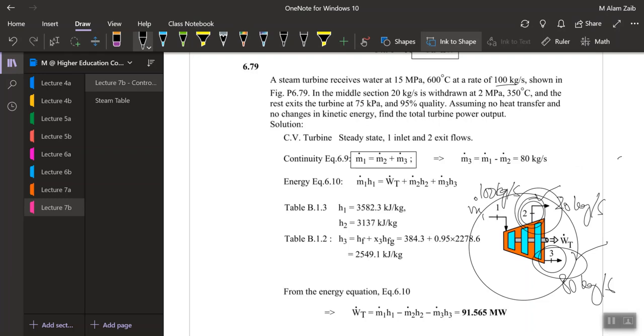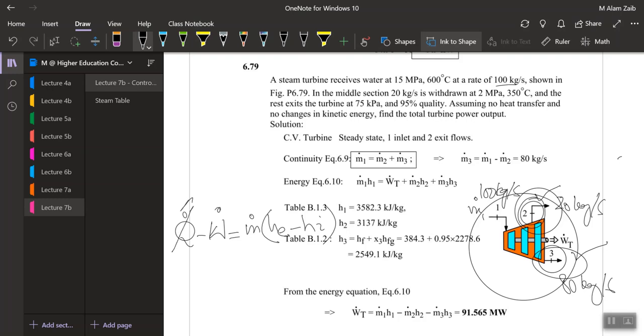So first of all, let's find the equation for it. Looking at the equation, Q dot minus W dot would be equal to m dot into h exit minus h inlet. That is when we have one inlet and one exit.